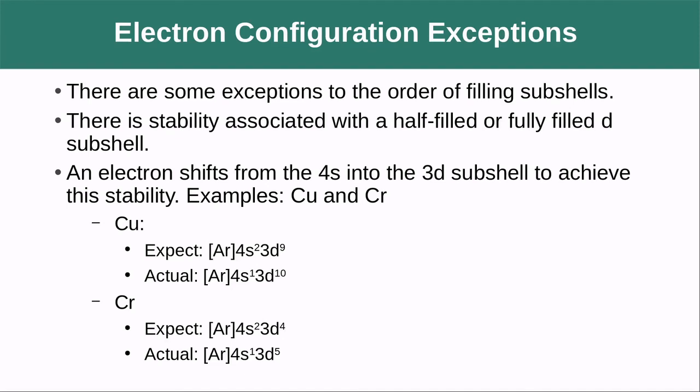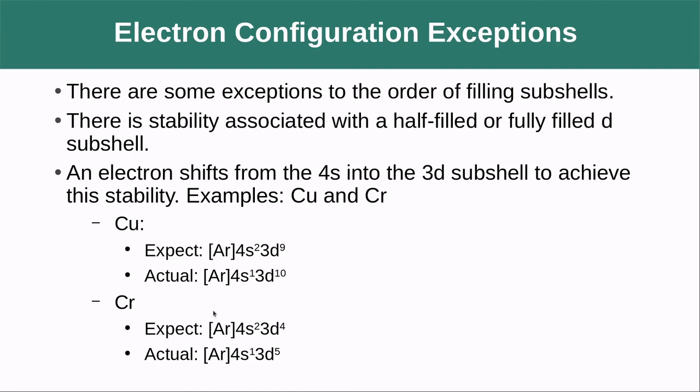And here are some of our examples here. So we would expect that copper would be 4s2, 3d9. Makes sense when we're filling it in. But in effect, it actually wants to fill this d subshell here. So one of the electrons is not in the 4s, it's actually in that 3d10.